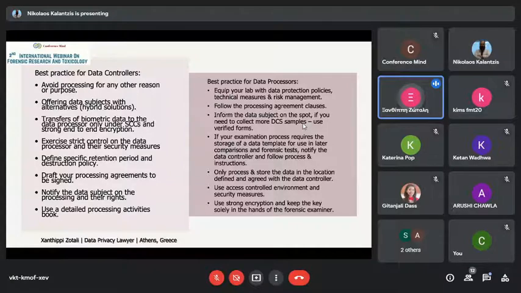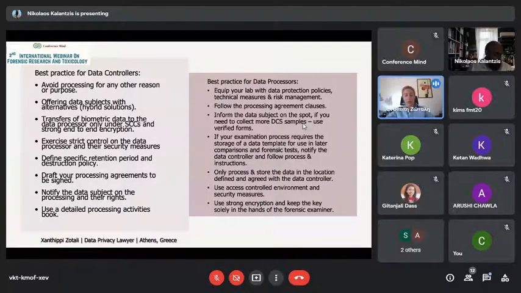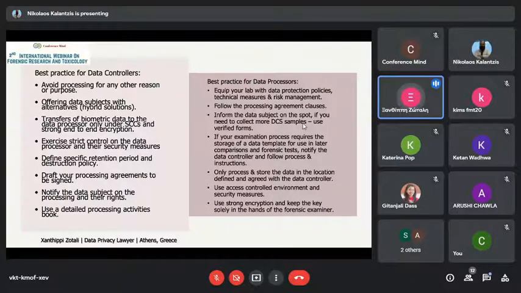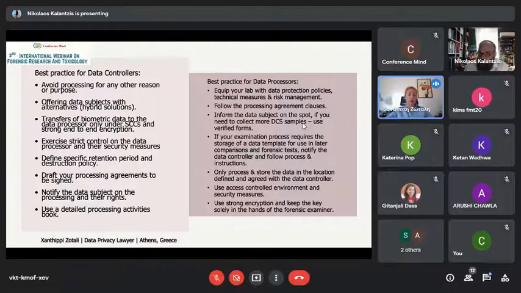And here come some best practice solutions that involve hybrid solutions, the ones that actually involve the use of paper and the use of technological tools in order to sample this digital capture signature. And this is because they offer alternatives to the data subjects. And in case of any dispute, the paper is the one that can actually be used to carry on with the processing.